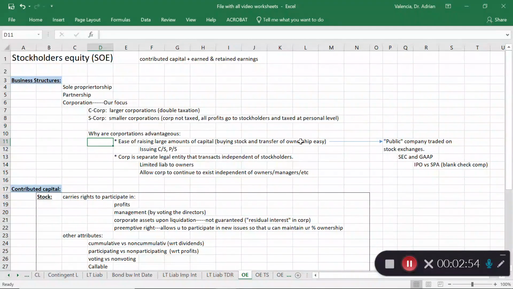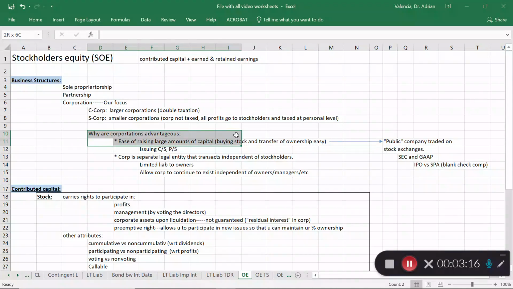And the transfer, and this is key, the transfer of that ownership in that business is really easy. In other words, if I have a share of a particular company, IBM or whatever, I can easily sell it to somebody else. And whoever owns that share doesn't directly affect how the operations of the business happen.